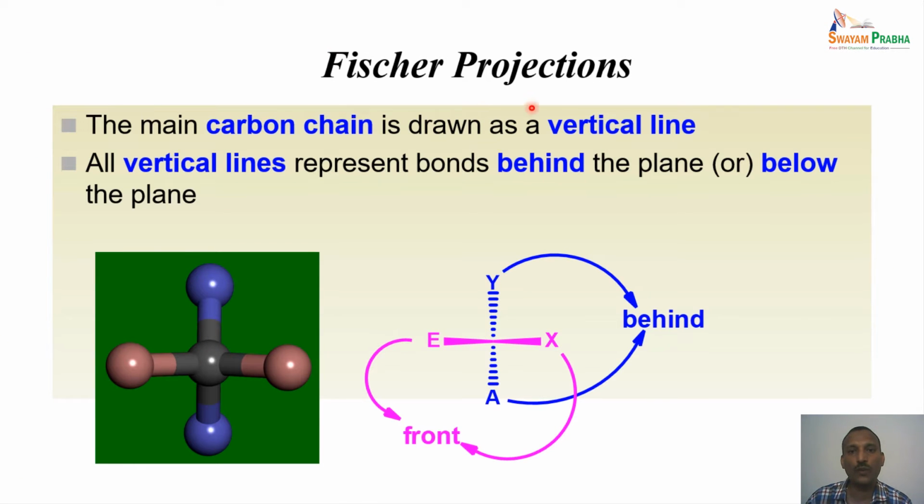So how to do the Fischer projection? It is given here. As we mentioned, the main carbon chain is drawn in the vertical line. So this A, the center carbon C and Y, all this vertical line basically contains the carbon chain, and this vertical line represents bonds behind the plane or below the plane.